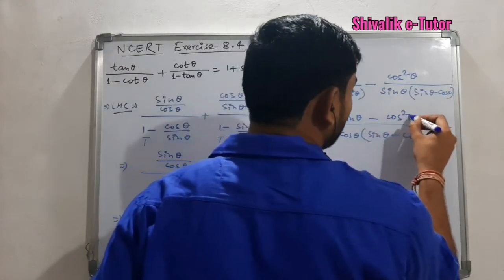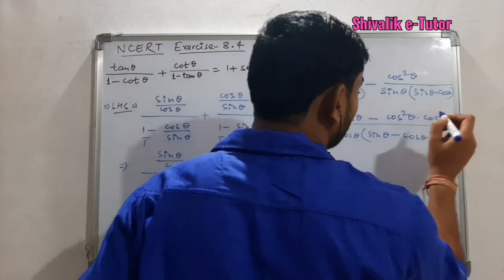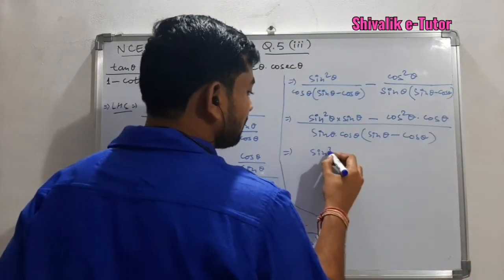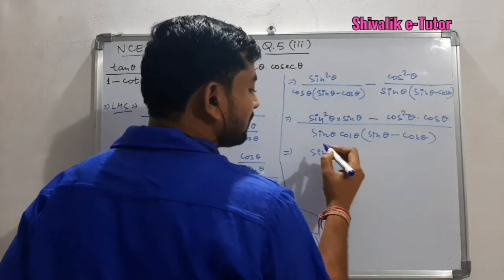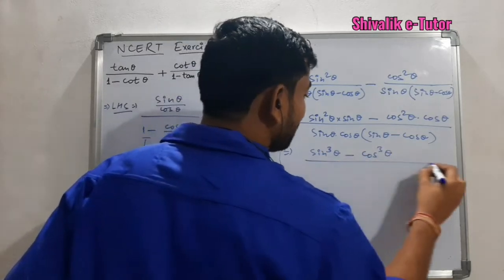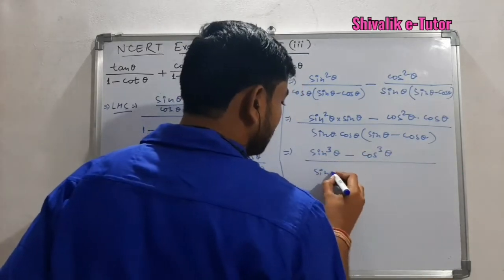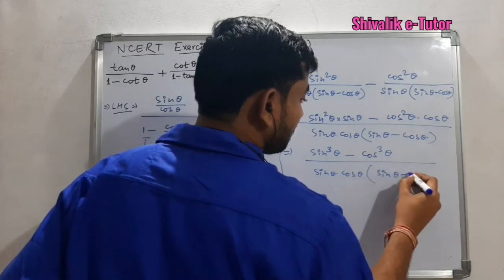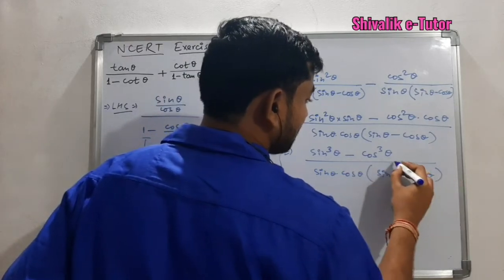So we have to multiply cos theta into it. So what we will get here is sin cube theta, sin power 3 theta minus cos power 3 theta upon sin theta cos theta into sin theta minus cos theta.